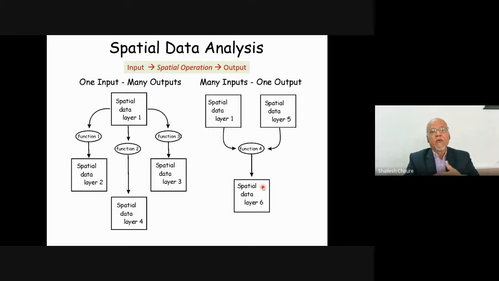Because whenever we go for spatial analysis, we will have some objective and some purpose in mind, and that purpose will be decided by the domain expert, the person who knows his field. Suppose somebody from town and country planning has municipal ward information.